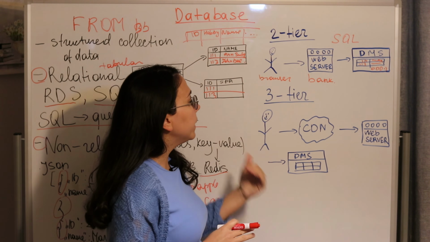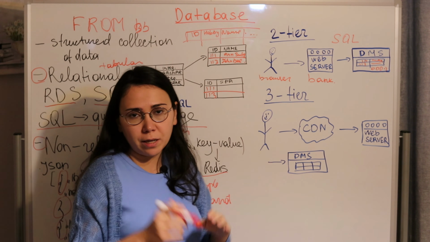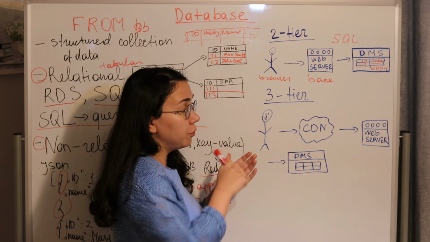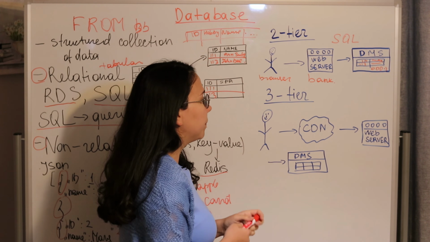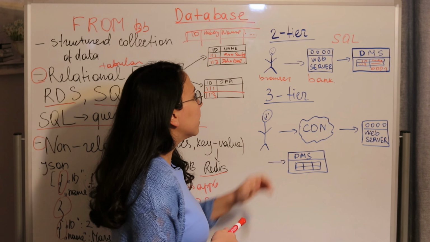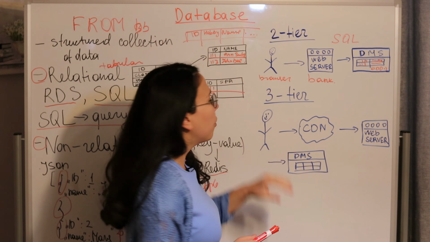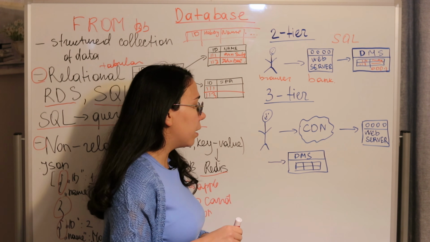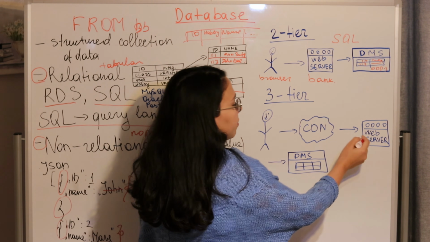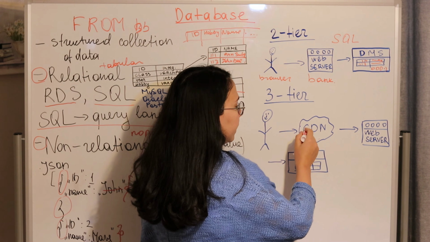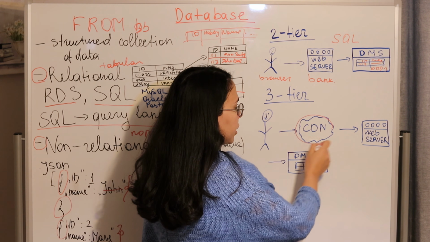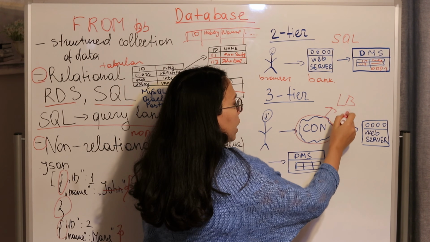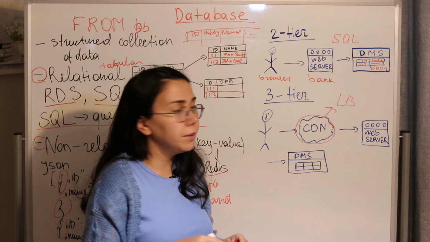When they say a basic three-tier architecture, so for example, not long ago, I passed my AWS exam. And there, if you look through the questions, or if you will be preparing for this exam, they like asking about basic two-tier or basic three-tier architecture. What does it mean? In a three-tier architecture, we usually have something in front of the web server. It can be a CDN, Content Delivery Network, the caching layer, or it can be a load balancer, right, in order to balance the load between different web servers.